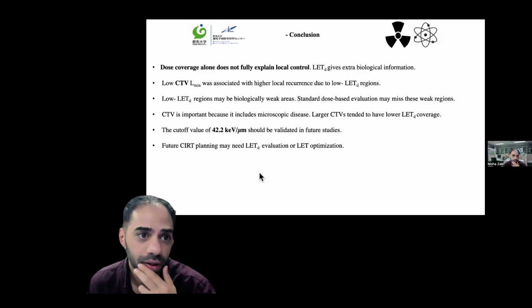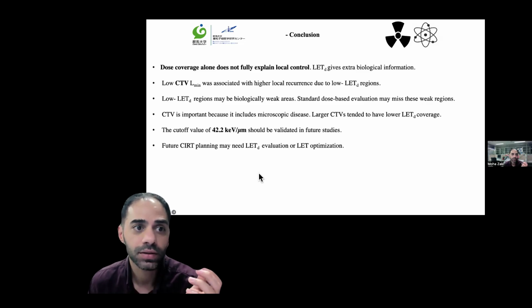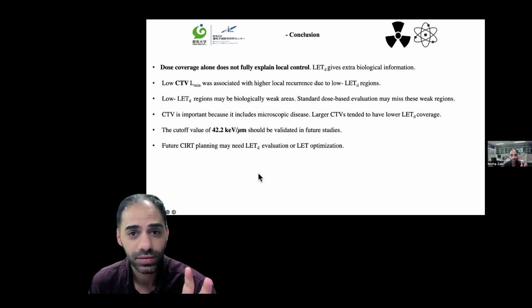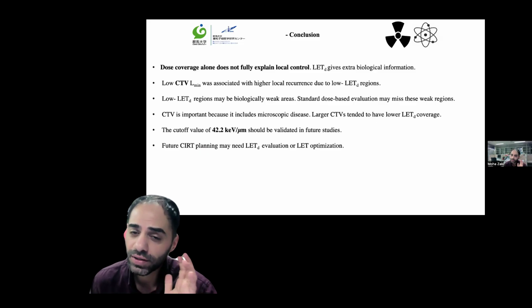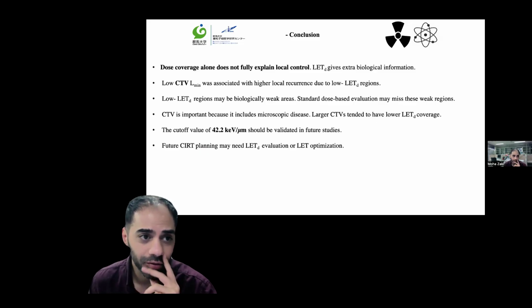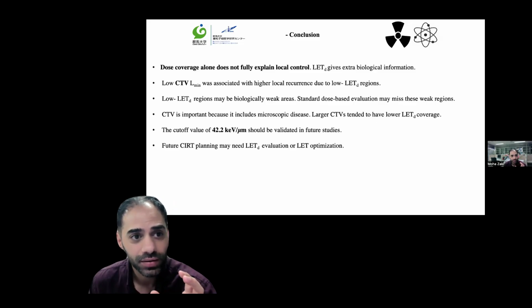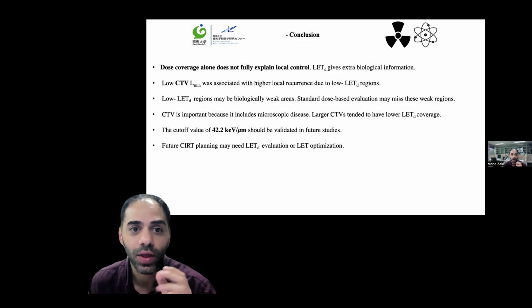To conclude, dose coverage alone does not fully explain local control. Dose average LET gives extra biological information. Low clinical target volume minimum dose average LET was associated with higher local reoccurrence due to low dose average LET regions. Low dose average LET regions might be biologically weak areas.